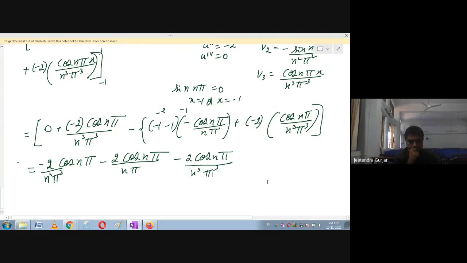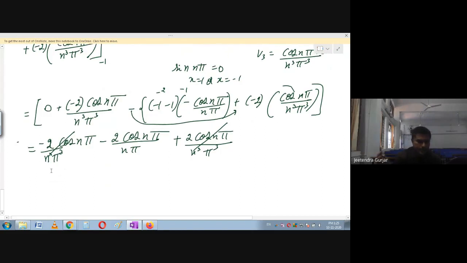Minus into minus is plus. So this value and this value will get cancelled. Therefore, you get the answer as Bn is equal to minus 2 upon n pi.